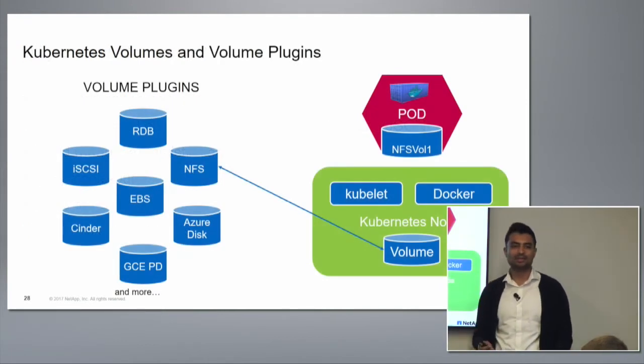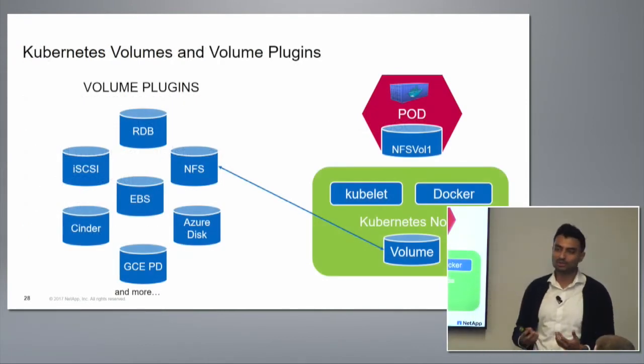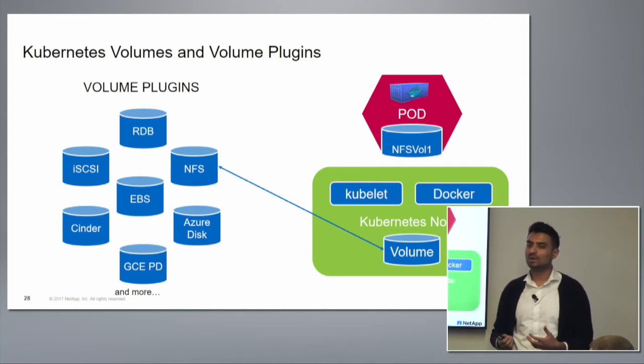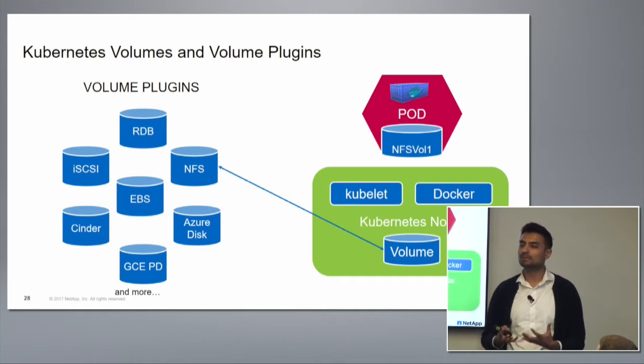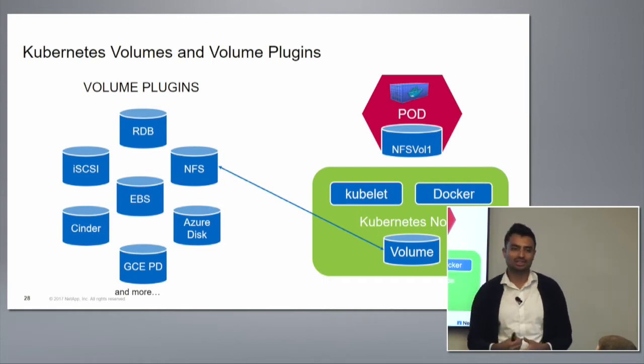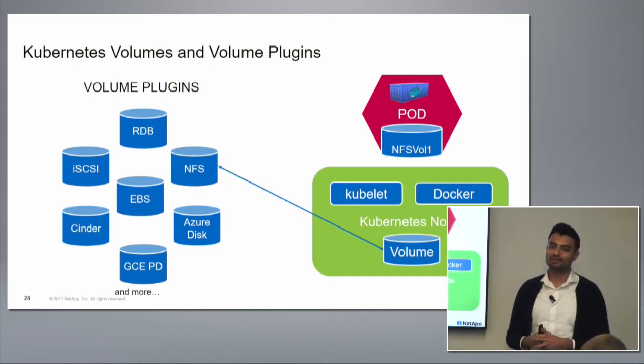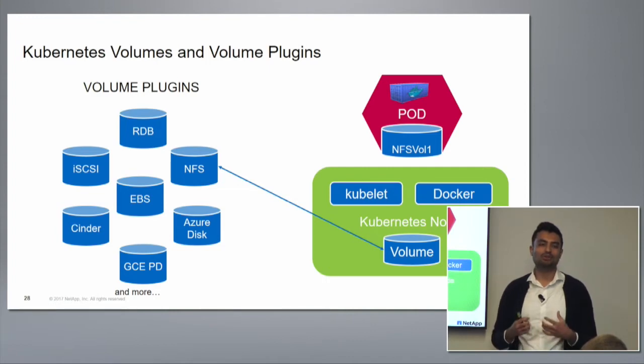So now we will get into actual technical concepts within Kubernetes and try to understand what Kubernetes offers for applications which need persistent storage. The first concept today is the concept of volume plugins in Kubernetes and the concept of volumes as such.